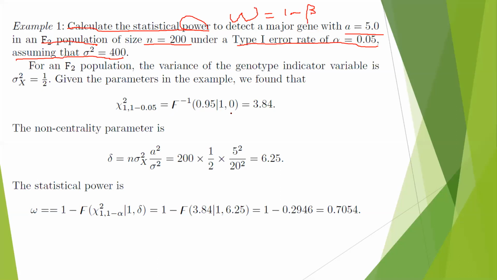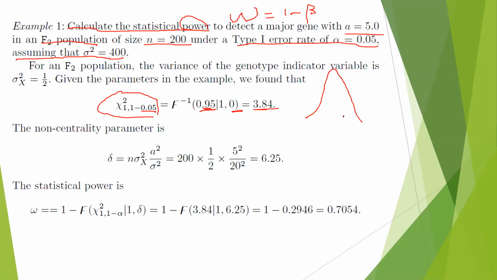So first, based on the null distribution, which is the central chi-square distribution, we know the percentile is 0.95, because we set alpha equal to 0.05. If we use the inverse function, this will give you the cutoff, the critical value for the central chi-square distribution when alpha equals 0.05.